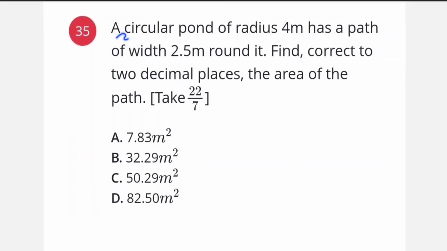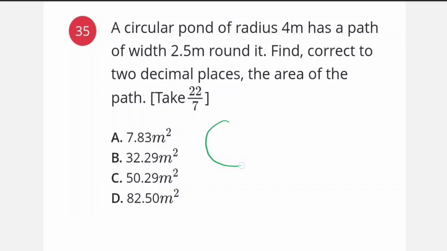Question number 35. A circular pond of radius 4 meter has a path of width 2.5 meter around it. We should find, correct to 2 decimal places, the area of the path. Okay, let's sketch it.